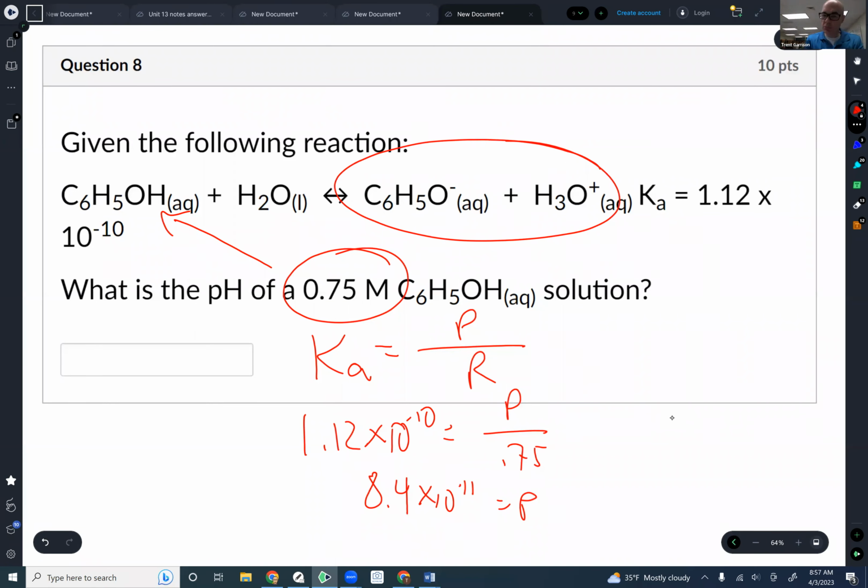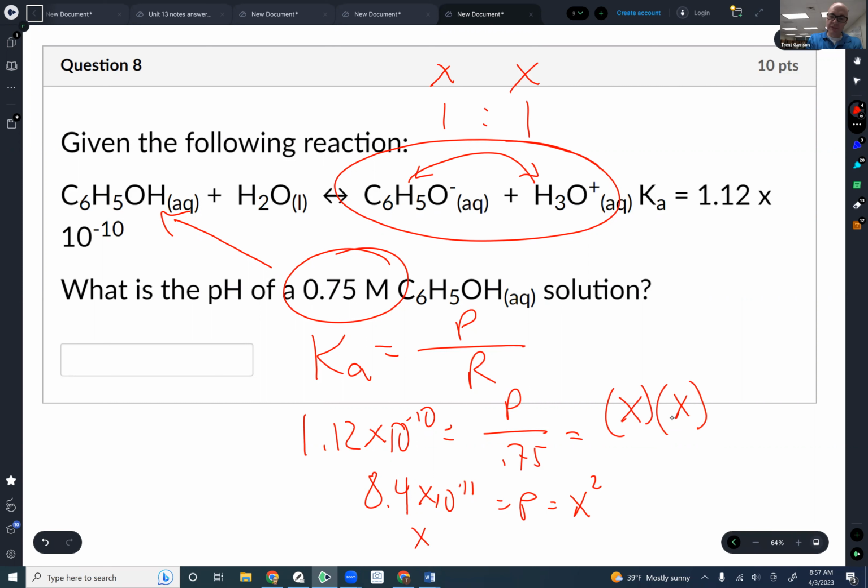Well, there are 2 products listed here, but they're going to split in a 1-to-1 ratio. So if I wanted to symbolize them, they would both be X's. In the Ka setup, if I have 2 X's on top, that just means they're being multiplied. So this actually ends up being X squared.